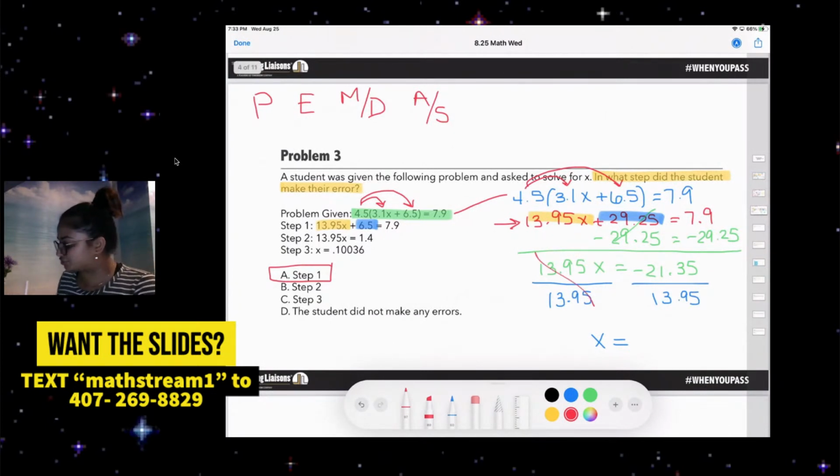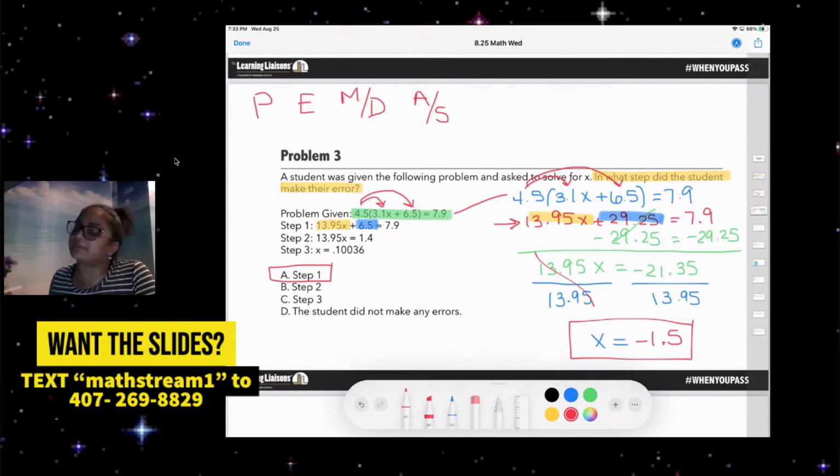And remember, I told you I was going to tell you what the answer is, just so you know, in case you were wondering. When you do the last step, you divide by 13.95 on both sides, and it just so happens that x is equal to negative 1.5, which kind of also gives you a hint because their answer wasn't the same. Uh-oh.